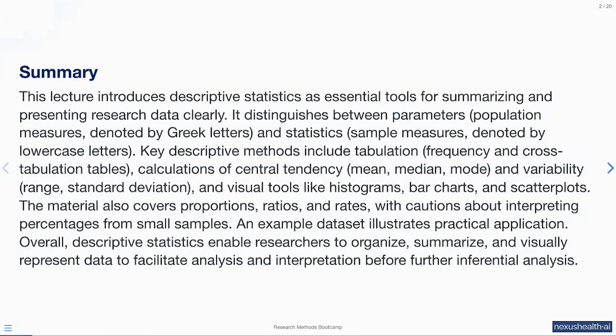An example dataset is provided for practical application. Overall, descriptive statistics enable researchers to organize, summarize, and visually represent data to facilitate analysis and interpretation before further inferential analysis.